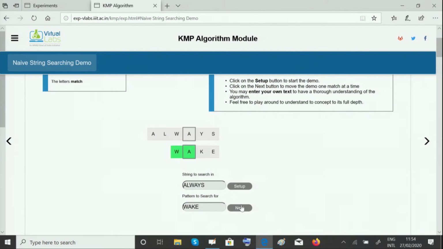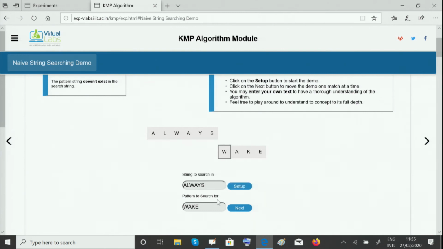A and A do match, Y and K do not match, so we move one step ahead and start searching again. A and W do not match, W and Y do not match, S and W do not match. Since we have exhausted the haystack itself, we can return that the pattern doesn't exist in the string.